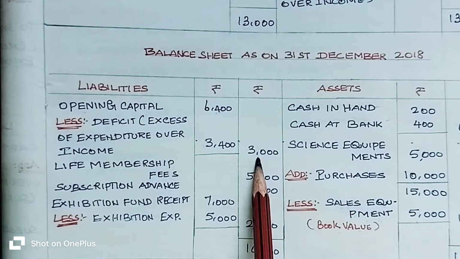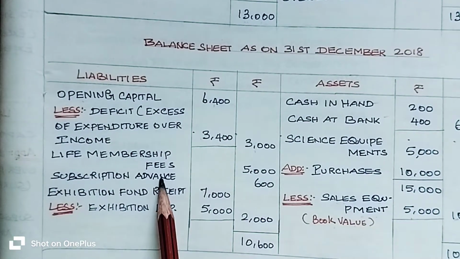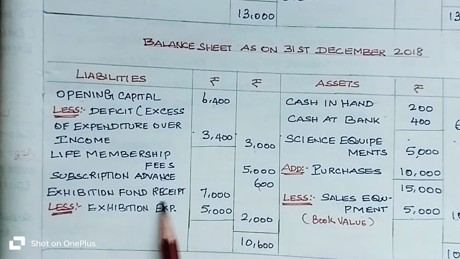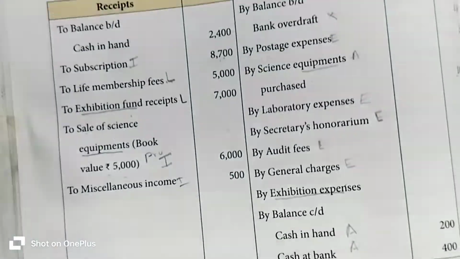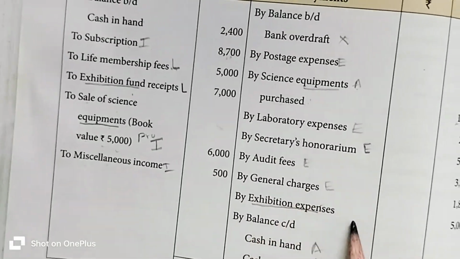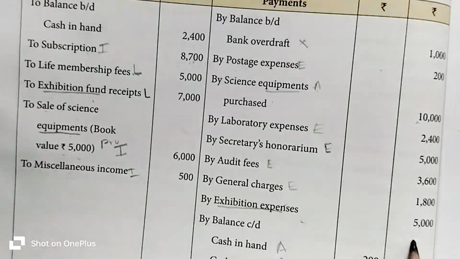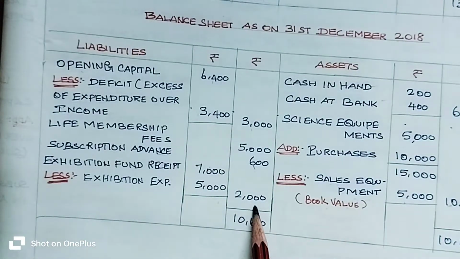You will get 3,000 rupees. Life membership fees 5,000 rupees and subscription in advance 600 rupees. Exhibition fund receipt 7,000 rupees. We have to subtract exhibition expenses 5,000 from the specific exhibition fund. After subtracting, you will get 2,000 rupees.